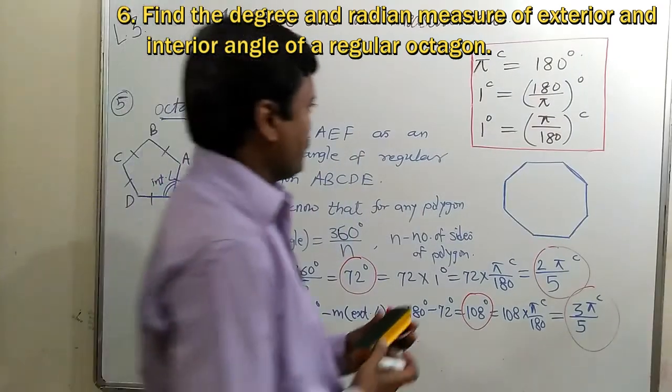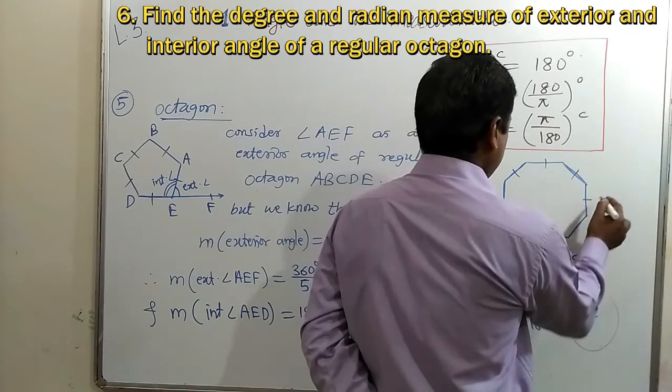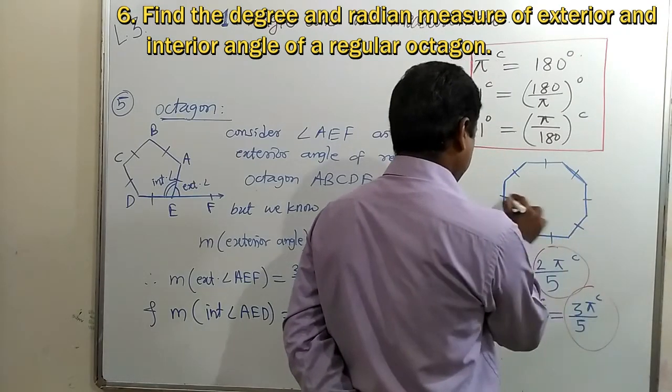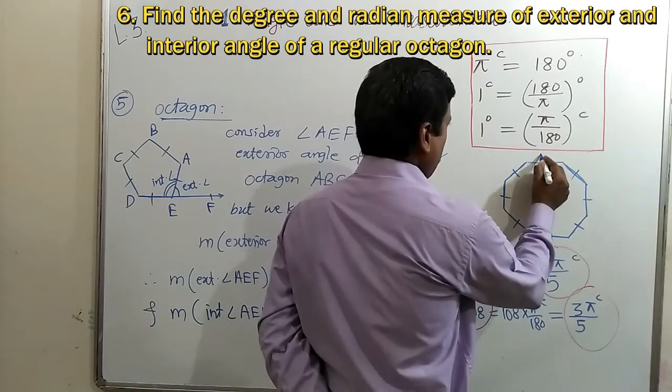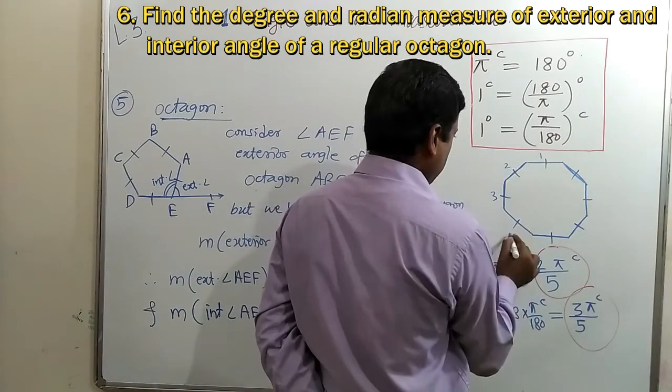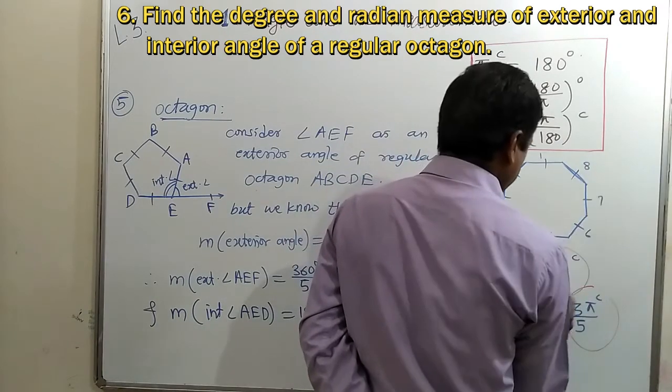Consider this figure as a figure of regular octagon. Here we have 8 sides: 1, 2, 3, 4, 5, 6, 7 and 8.